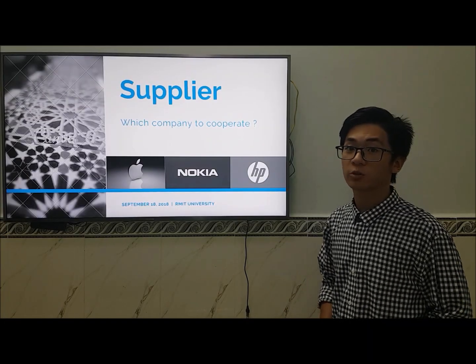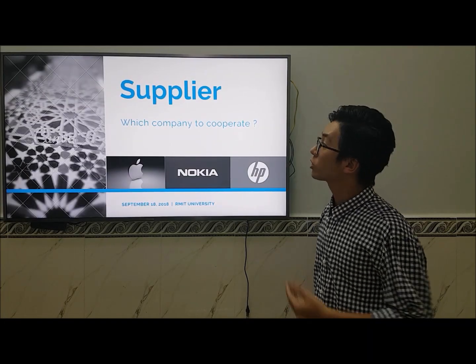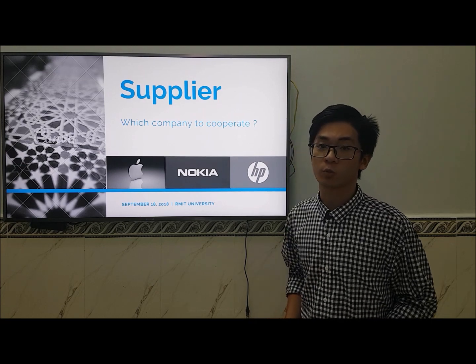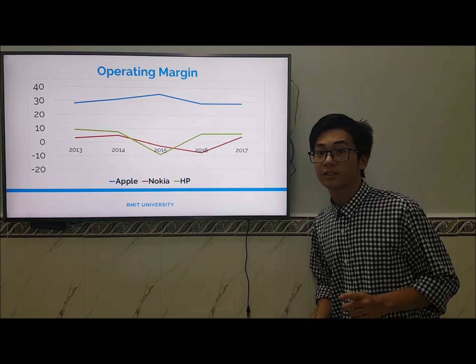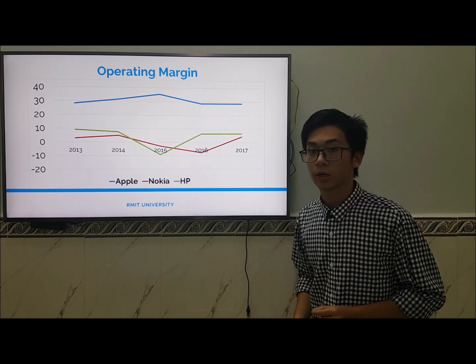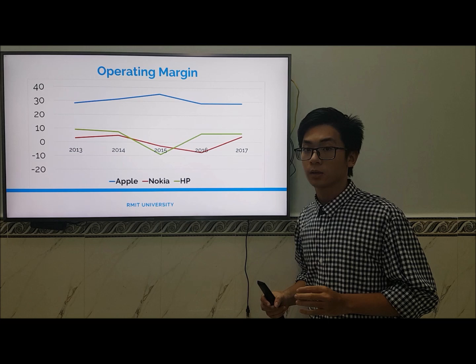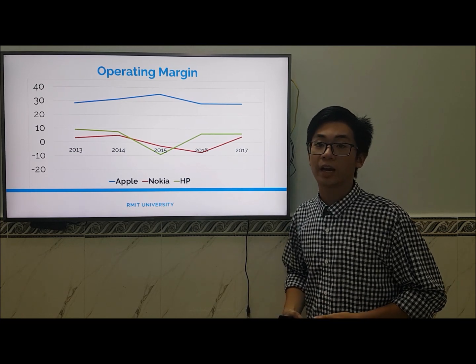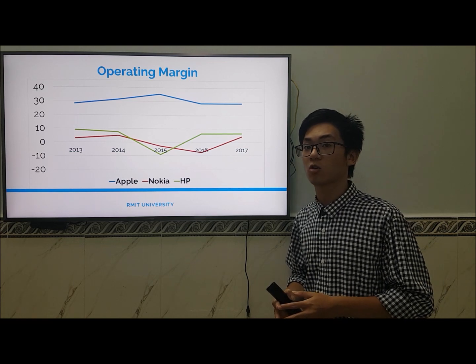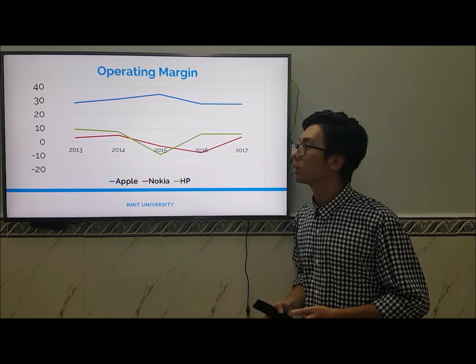Another question we have for today is which company would you do business with if you are a supplier? First of all, let's have a look at the operating margin, because operating margin indicates how well managed the company is and how risky it is to invest in that company or to do business with.